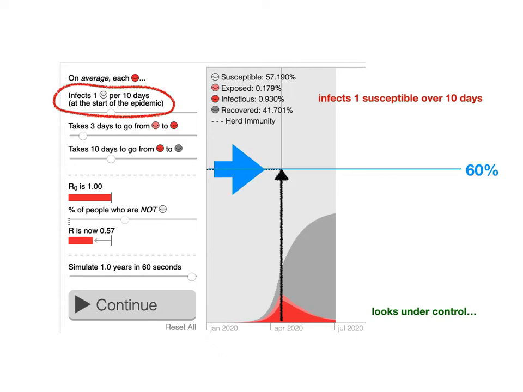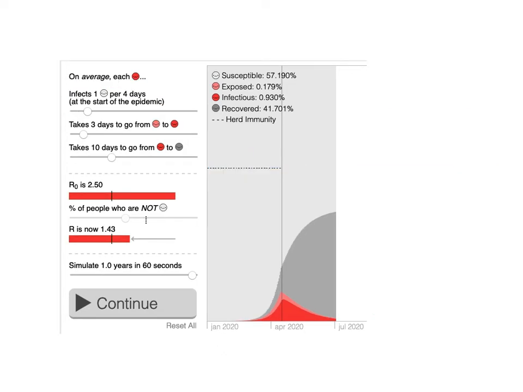So what would happen then if we now relax the measures, noting that our peak was not at the herd immunity level, and we now go back to a mode where it infects one person every 4 days, noting at this point around 40% were infected.